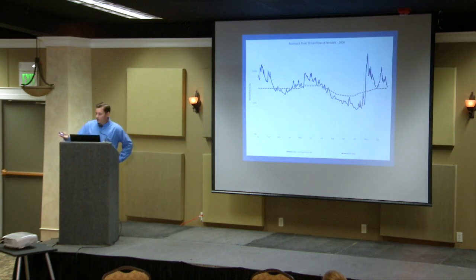So as folks like Bob are working on climate change models to try to predict stream flows in the future, there's a group down at the University of Washington doing similar things, the Climate Impacts Group. They have stream flow data that they're projecting for the Nooksack River at Ferndale that we can use to modify this 2006 measured data into what a year like 2006 might look like with the climate in 2020.